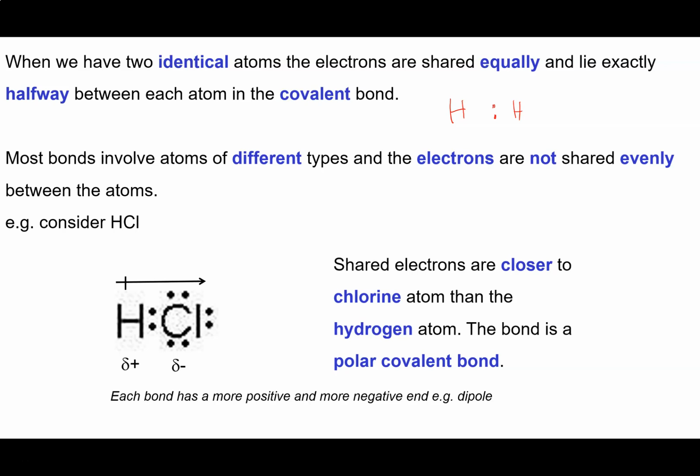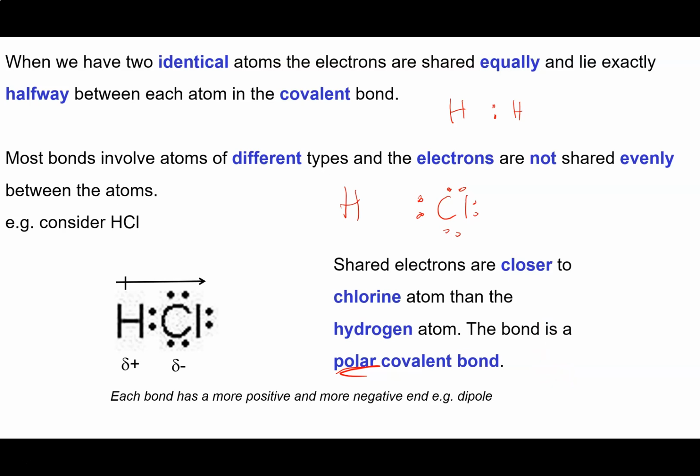So if I look at the molecule HCl, what I'll find is that the electrons lie a lot closer to the chlorine atom than they do the hydrogen atom. They are not shared equally at all, and this gives rise to what we call a polar covalent bond. When we say that something is polar, we mean that it has a more positive end and a more negative end.